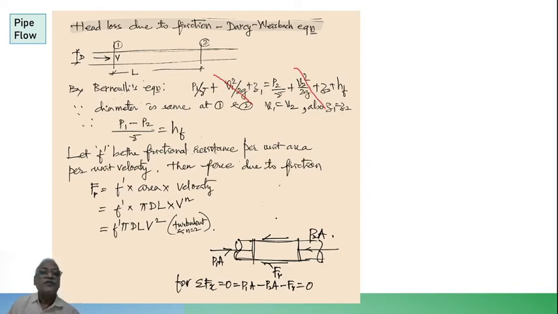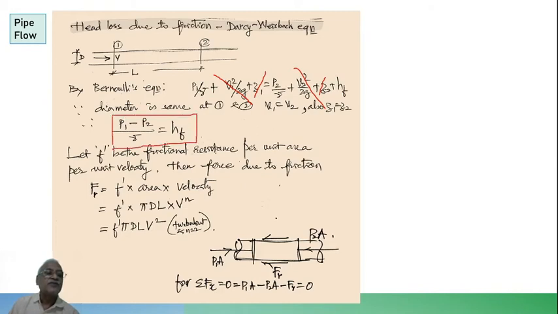Also Z1 equals Z2, because I have considered it horizontal, the level at 1 and 2 is the same. So you will be left with P1 minus P2 by gamma equal to HF. That is what we get.